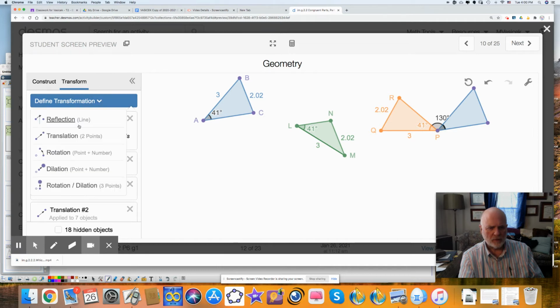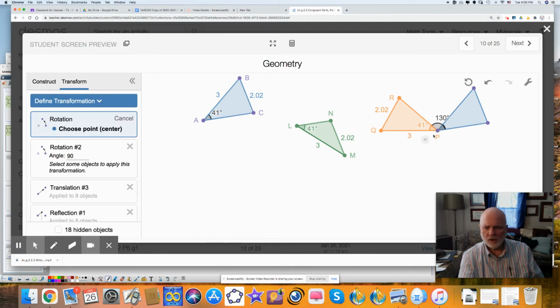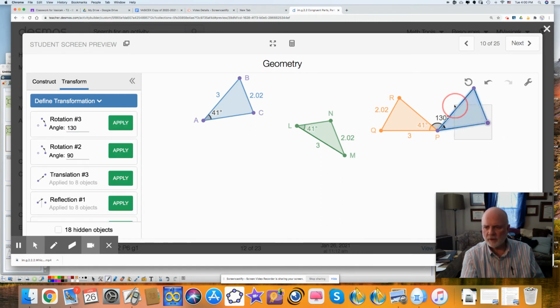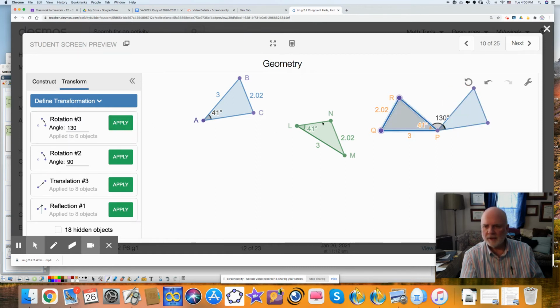It's going to be 130 degrees counterclockwise, which is the standard way for it to go. The object that I want to rotate is this one here, and I choose that point. When I apply it, oh look, they match up. So ABC is congruent to PQR. That's my congruence statement.